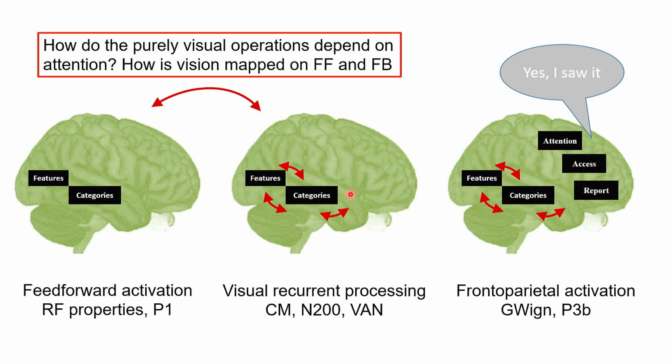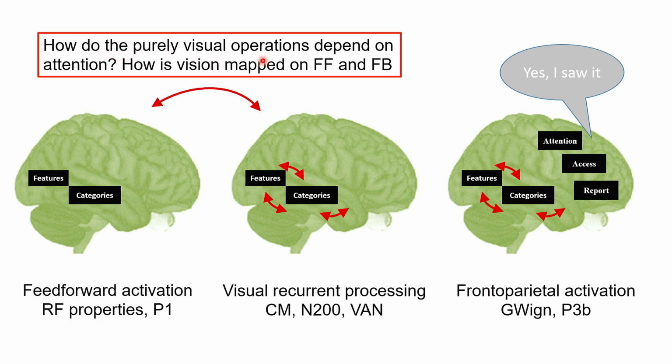It could entirely be that you need attention for these recurrent interactions to occur, or maybe that you even need attention for feature extraction, or maybe even categorization of stimuli like face selectivity, etc. So that's a purely experimental question, of course.